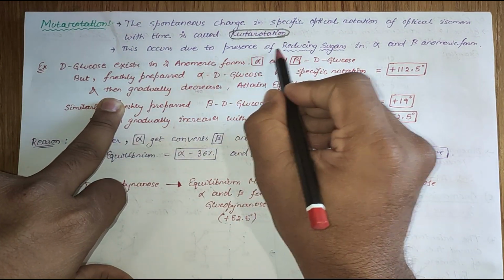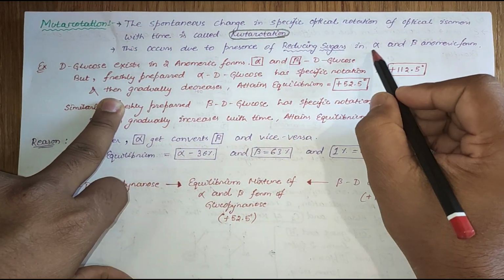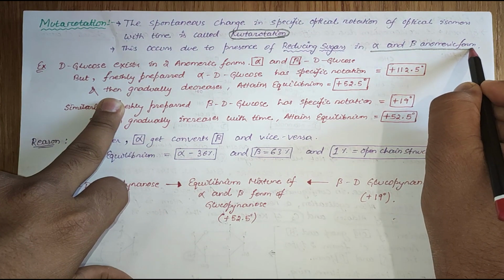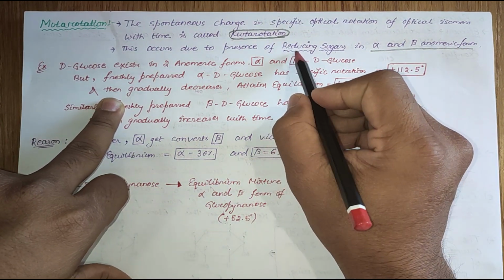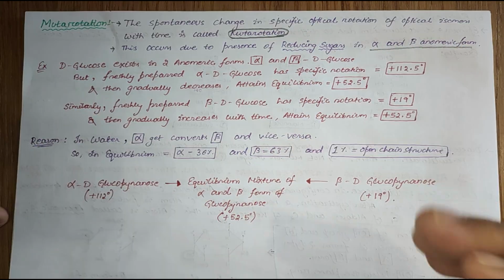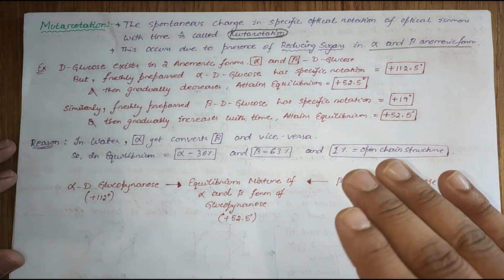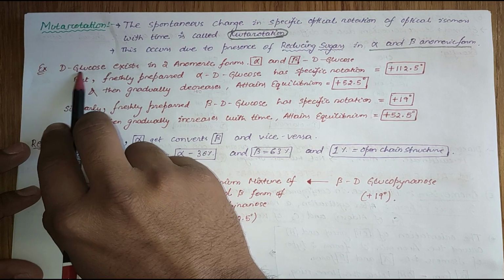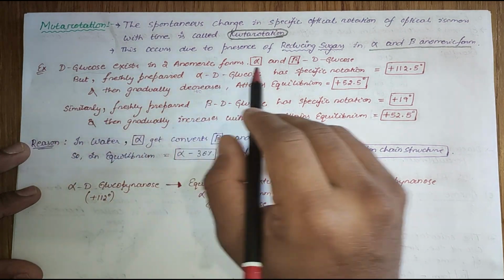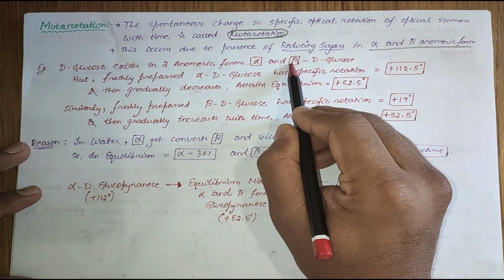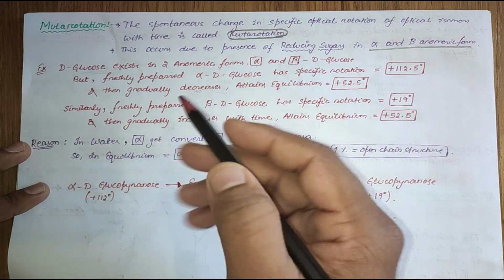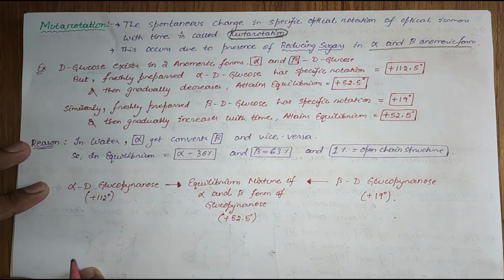This occurs due to the presence of reducing sugars in alpha and beta anomeric forms. Reducing sugars means that if they have a free anomeric carbon atom, they are called reducing sugars. For example, D-glucose exists in two anomeric forms, that is alpha and beta forms of D-glucose, as I have said in the previous figure.